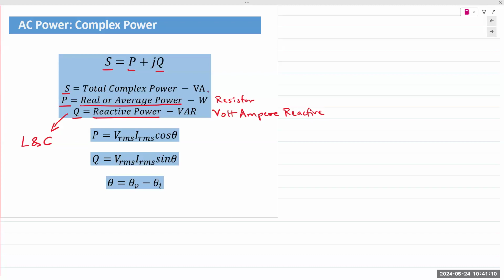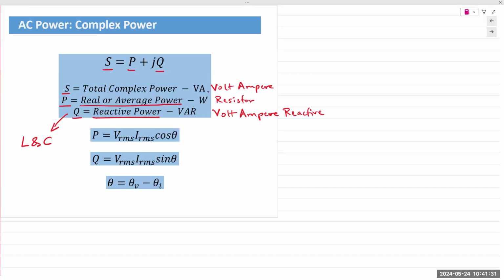Reactive power, like reactance, is represented with the imaginary number j. So P plus jQ gives you the total complex power S. And the unit for total complex power is volt-ampere.